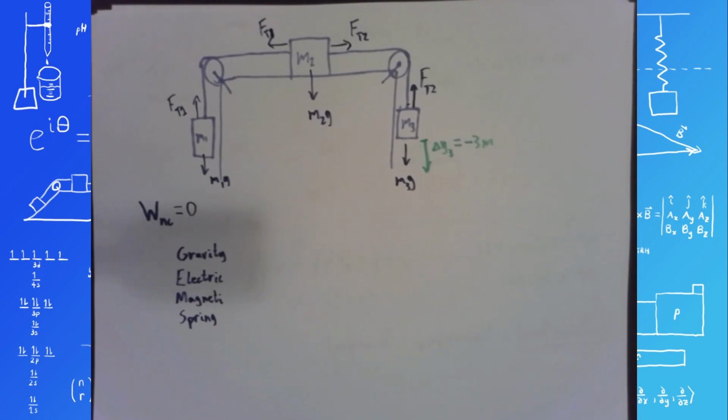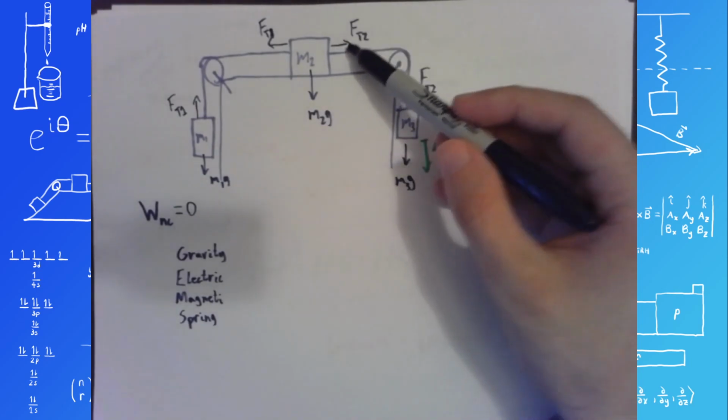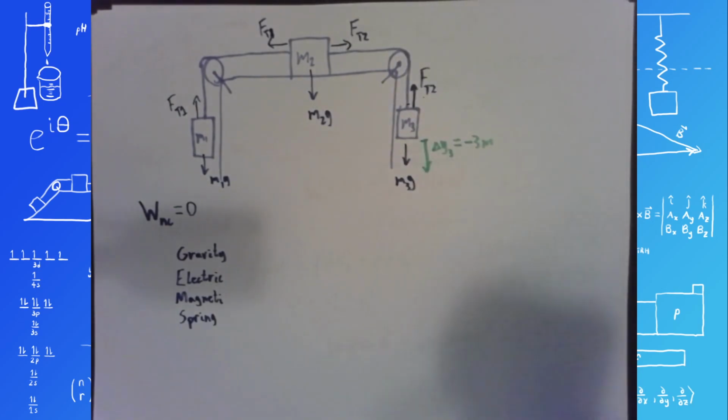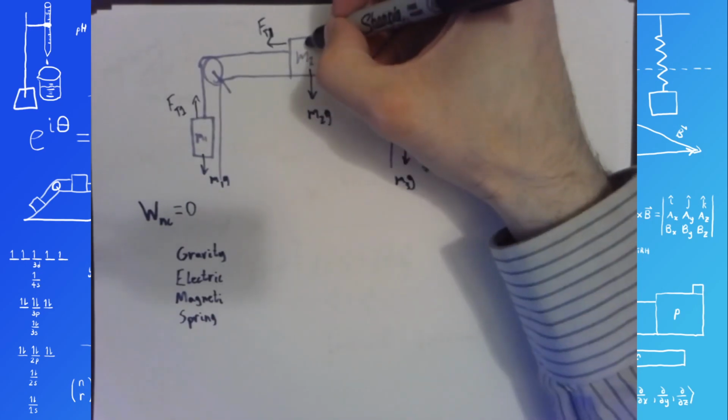We can worry about that when we do rotational dynamics problems. Here you can assume that the difference between this tension force and this tension force is negligibly small. Anyway, one last force, which is the normal force.